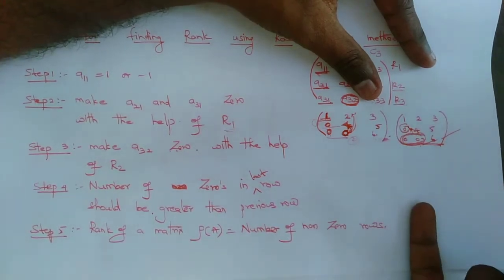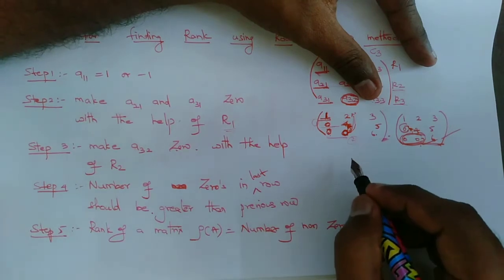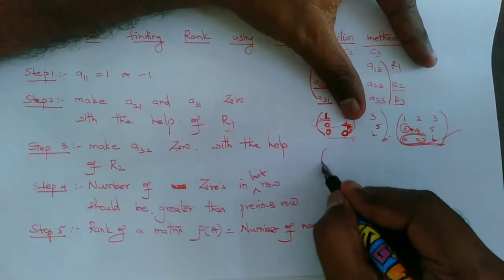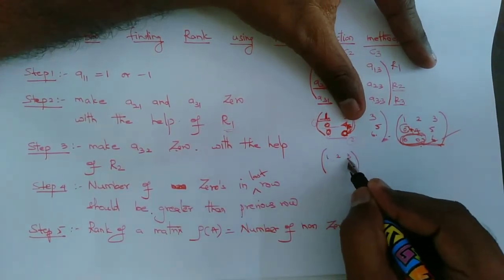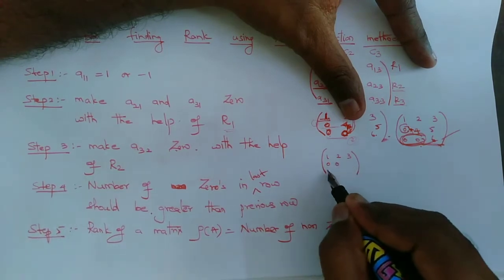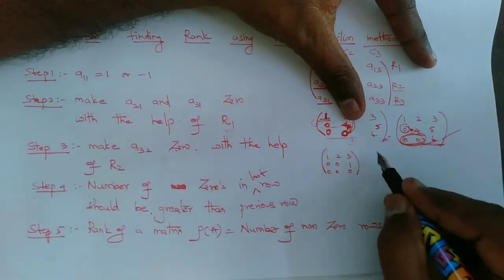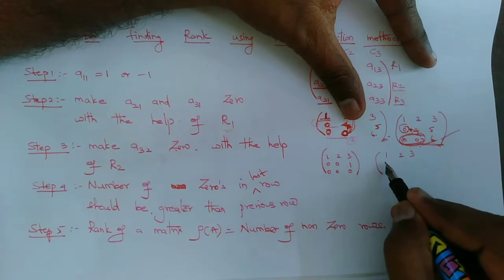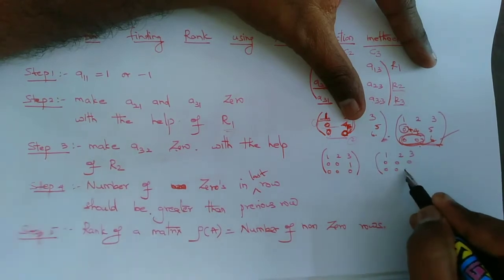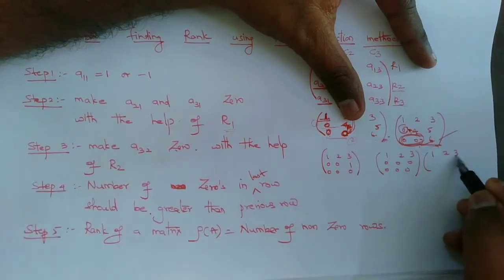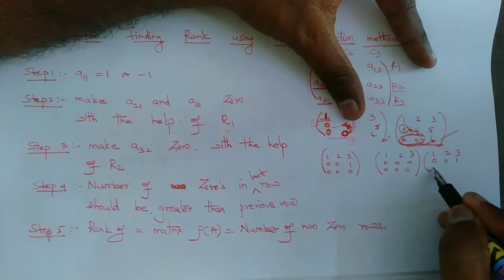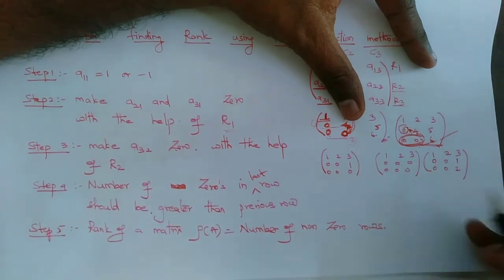So I'm going to teach you what is a zero row and what is a non-zero row. For example, see this: 1, 2, 3, 0, 0, 0, 0, 0, 1; and 1, 2, 3, 0, 0, 1, 0, 0, 2.